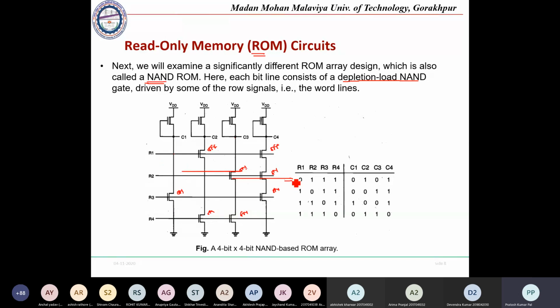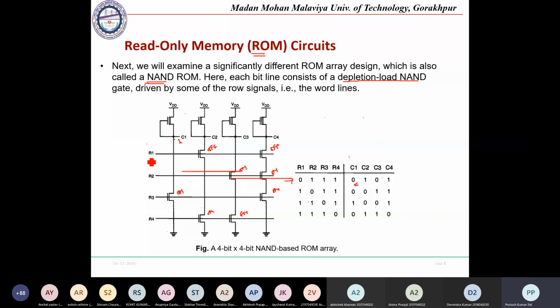That means in the first case C1 value will be 0. Why? Because it was initially 1, but it is connected to ground by this transistor, and this transistor is on. That means this 1 will be connected to ground, so the storage value, that is VDD, will be discharged to a 0 value. So a 0 will be stored on C1.